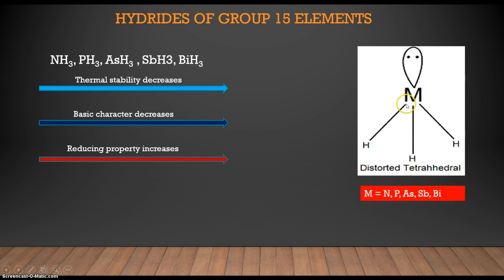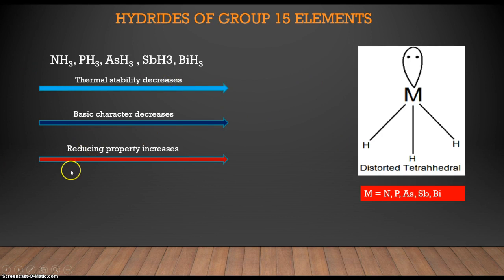As the length increases, the bond strength of the MH bond becomes very low from nitrogen to bismuth, and it is very easy to rupture this MH bond. That means as we move from NH3 to BiH3, thermal stability decreases.